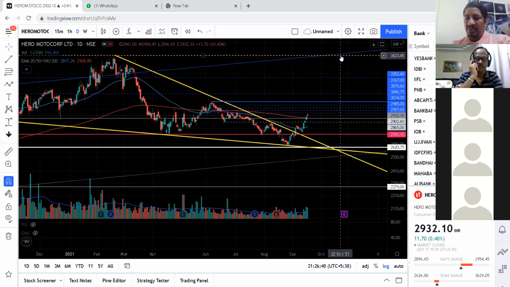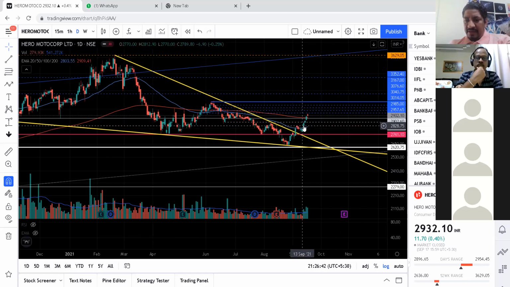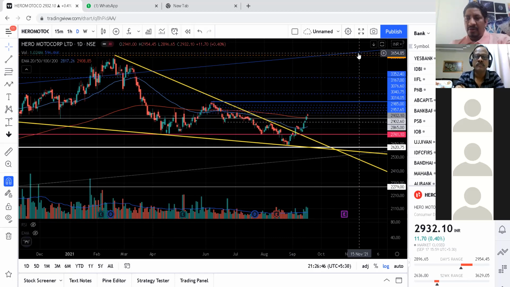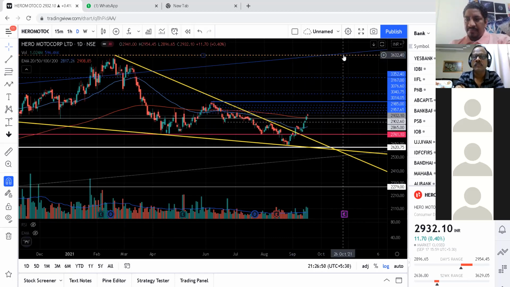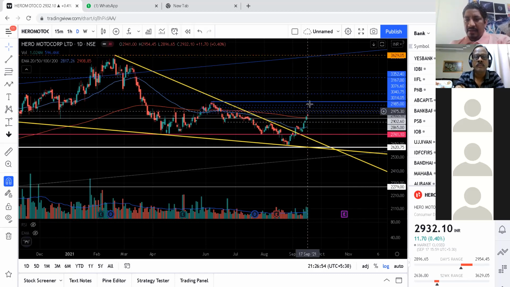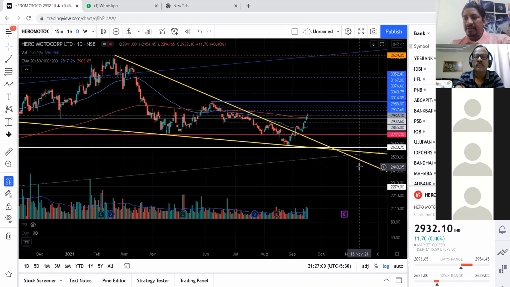This is the best case scenario where we have taken entry. Now we can expect this to go beyond this point also. But in this journey, there are a lot of possibilities. One possibility is that it might continue making lower lows. It might go down once again.